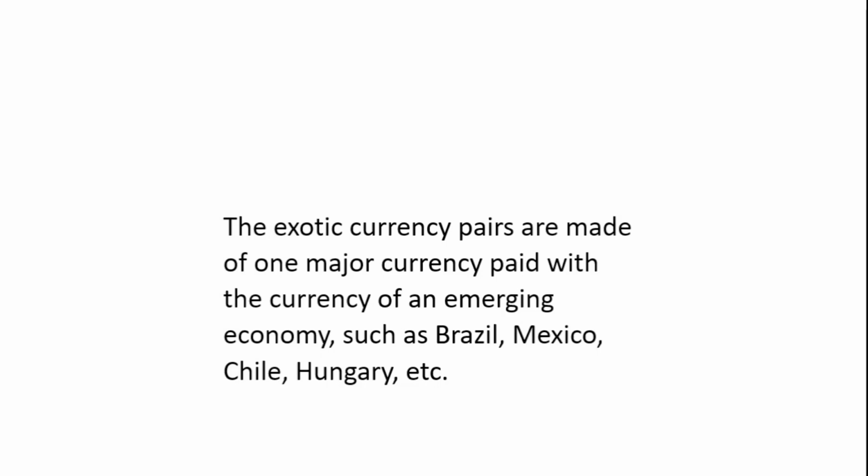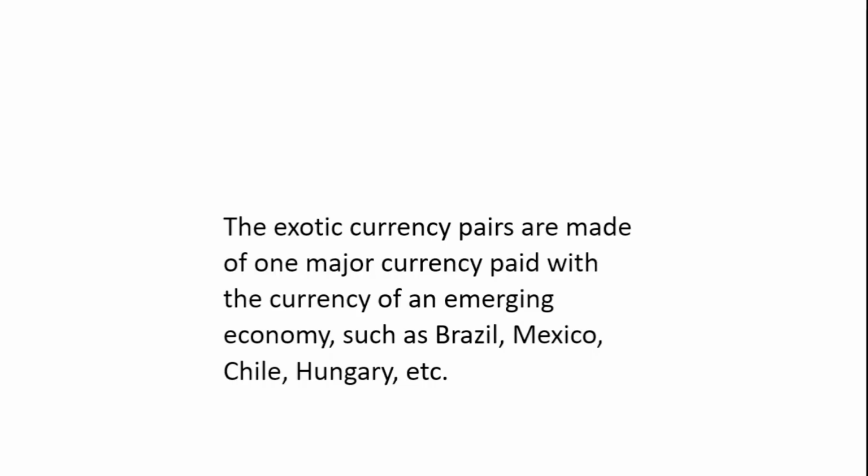So if it's paired with any of the emerging economies, let's say the Brazilian or Mexican peso, the Chilean, the Hungarian, the Indian rupee, like that, that one becomes an exotic pair. So that's it. Those are the three major categories of currency pairs that you need to know.